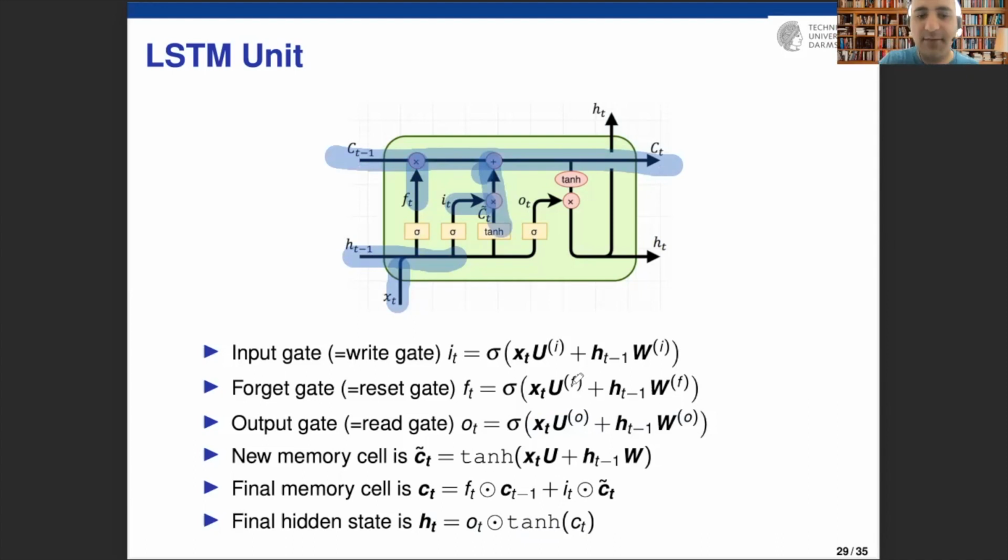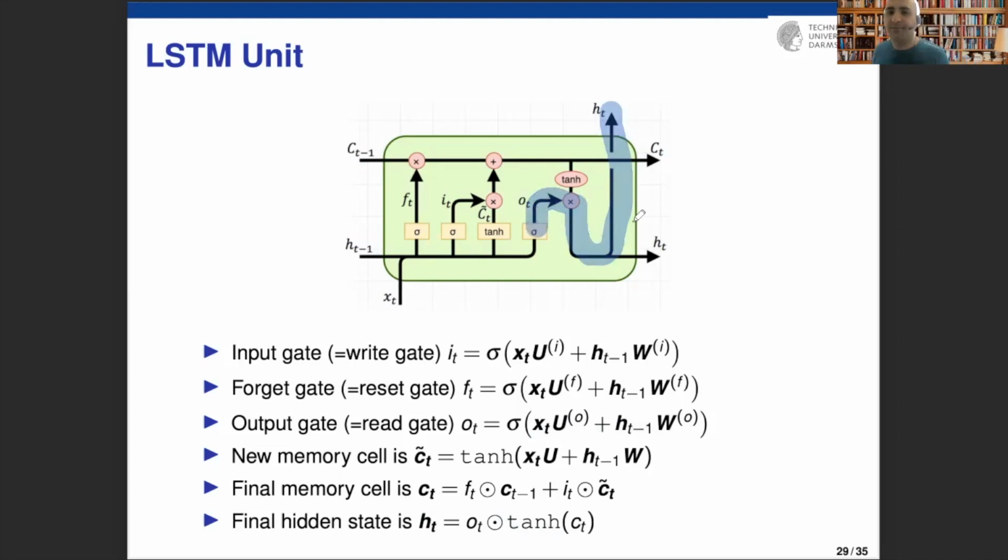So we say that the final hidden state, or Ht, is the output gate, I'm sorry, let me clean this part. So Ht comes from here, right?